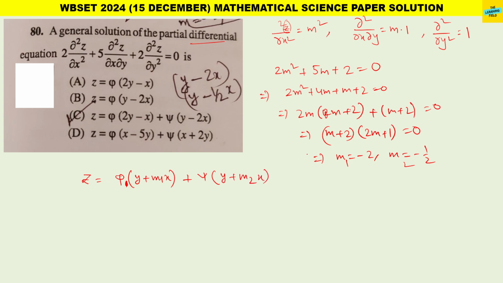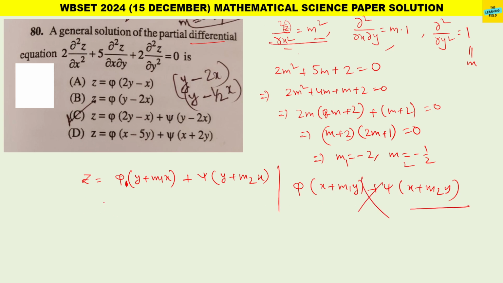Now if we take del 2 del x2 equal to m square, then this is the form. Otherwise we can also take del 2 del y2 equal to m and del 2 del x2 equal to 1, then we write phi of x plus m1y plus psi of x plus m2y. But we take the first form, so this is not our case.